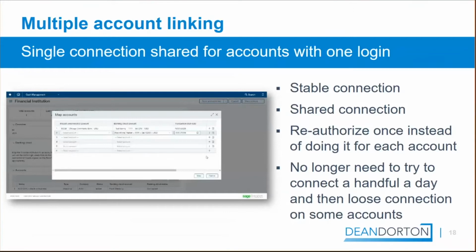So you have the capability to authorize your bank once and then link all of your different accounts at that bank to your different accounts in Sage Intacct. So that way you're not having to connect them one by one. It saves a lot of time. If something happens with the connection and it needs to be refreshed, it can be a one-time process. So much easier, much more sustainable, much more scalable to manage.